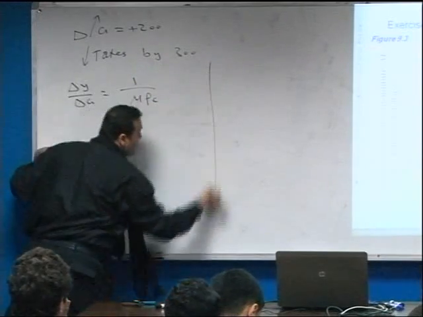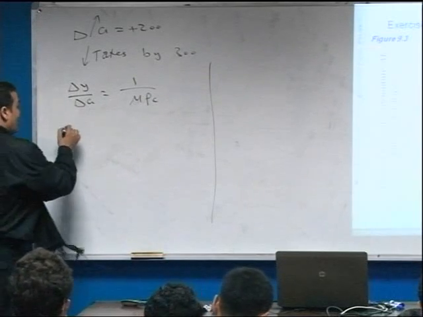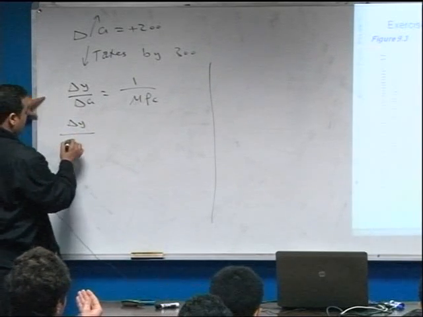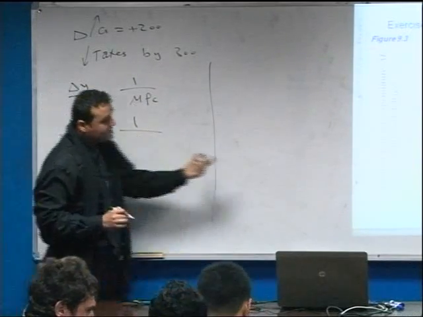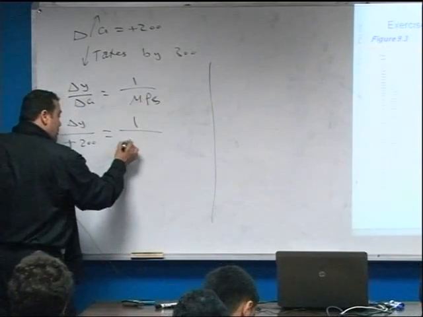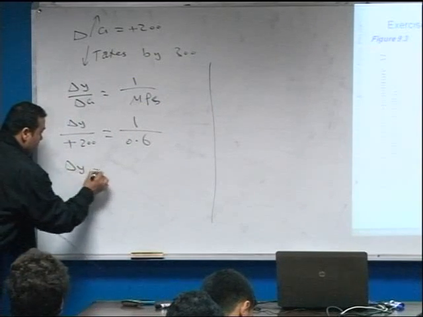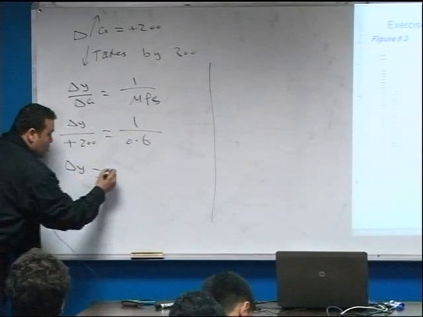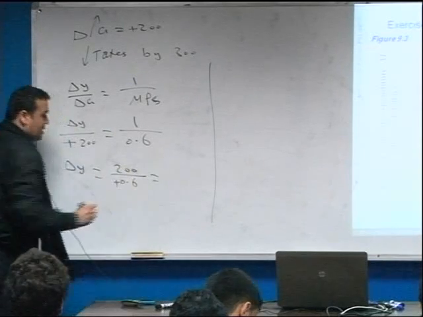This is the government spending multiplier. So delta Y over positive 200 equals 1 over MPS, which is 0.6, right? So delta Y equals 200 over 0.6, equals how much?